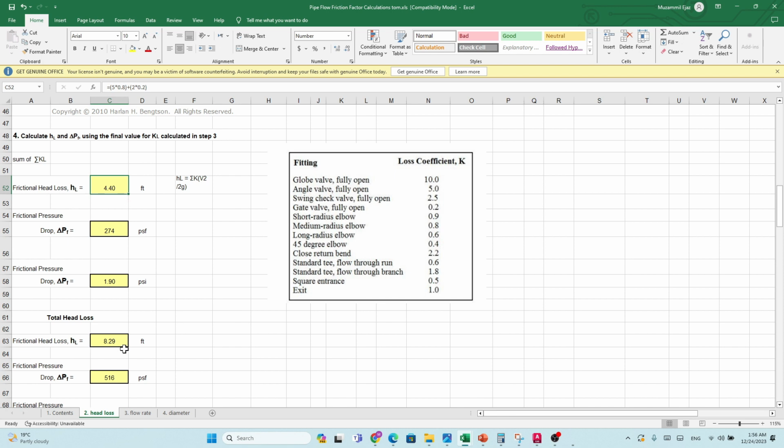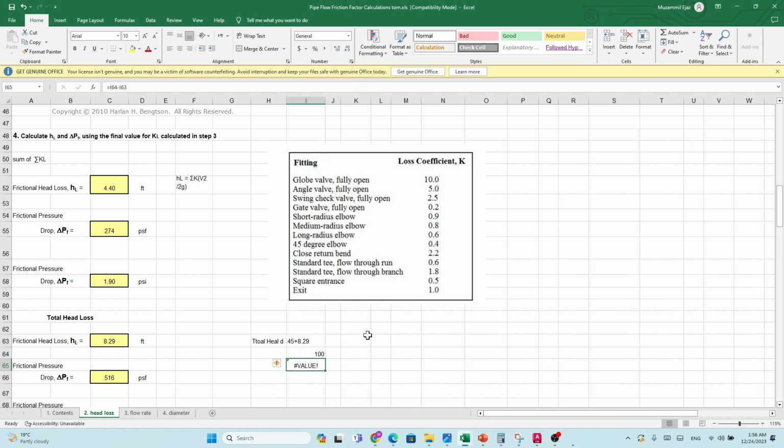The total loss is 8.29. So total head is equal to 45 feet plus 8.29. Okay, the pump capacity is 100 feet, so you subtract this from this.